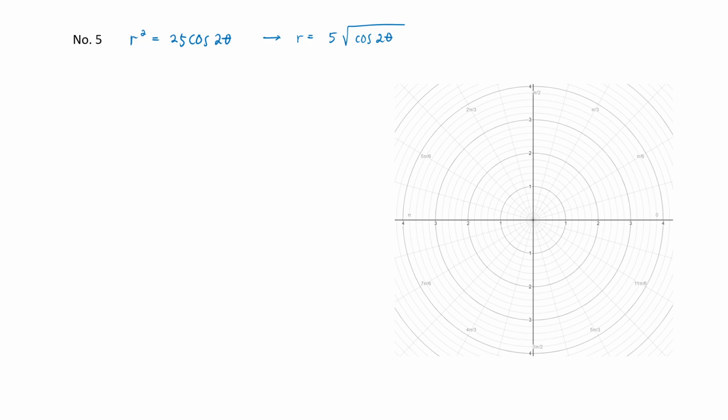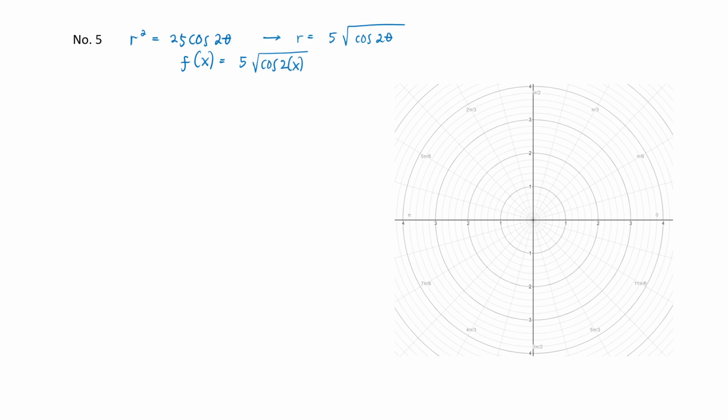Okay, so again, you need to help your calculator a bit so that it can solve the equations. What you need to plug in your calculator is f of x equals 5 square root of cosine 2 alpha x.